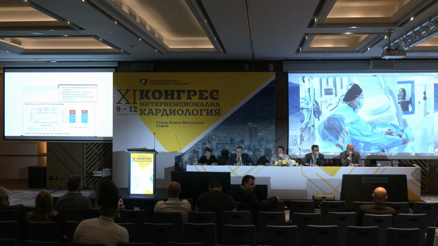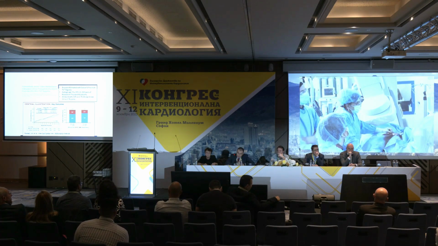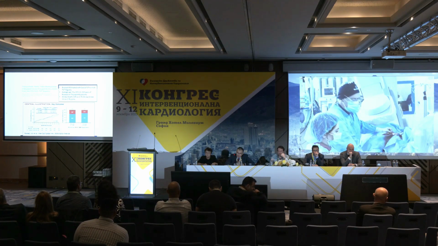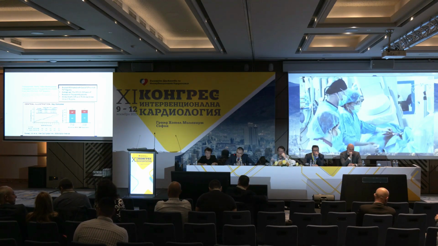So treating severe aortic stenosis in patients with bicuspid aortic valve is not more risky according to mortality and stroke, compared to patients with aortic stenosis with tricuspid aortic valve.